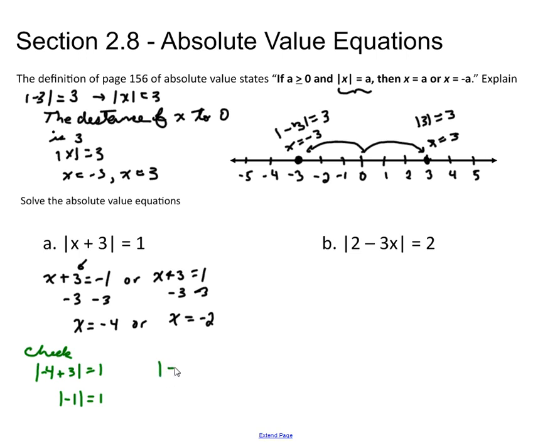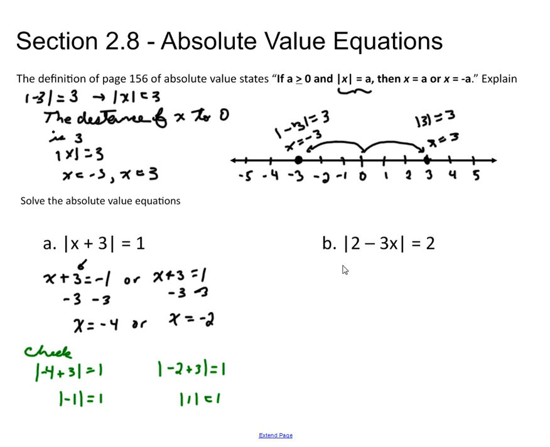If we put in -2 in place of x, we get -2 plus 3, which is 1, and the absolute value of 1 is 1. As expected, that works. So we actually have two solutions to this equation.